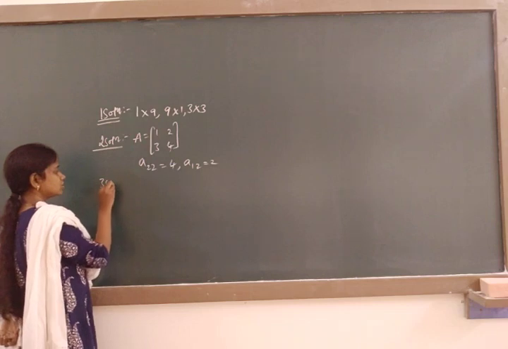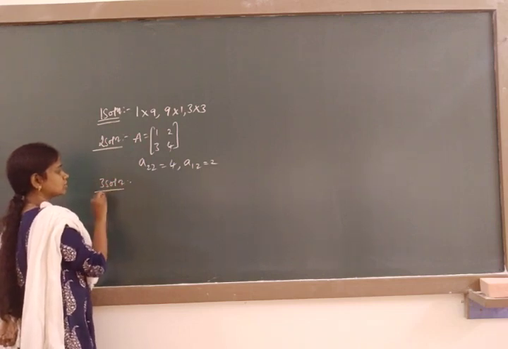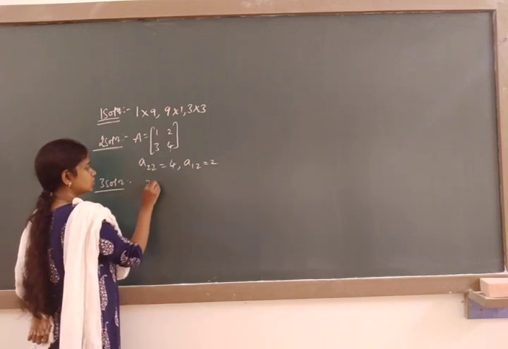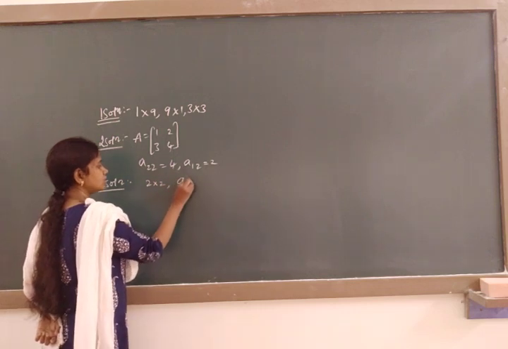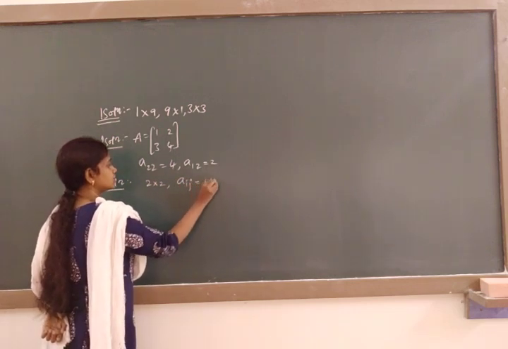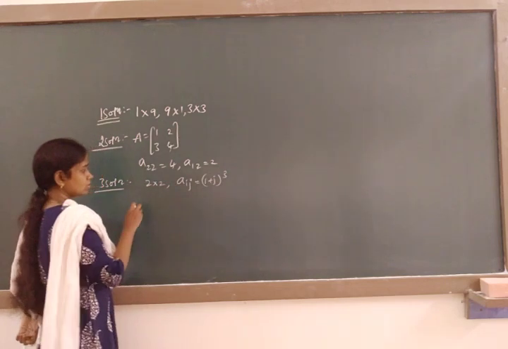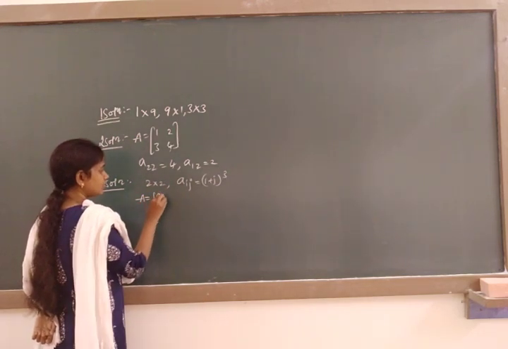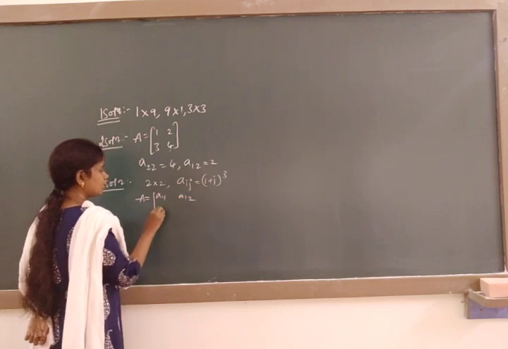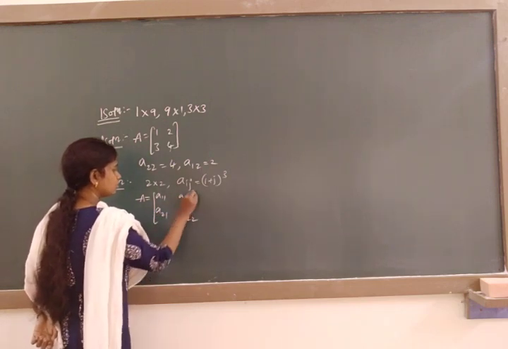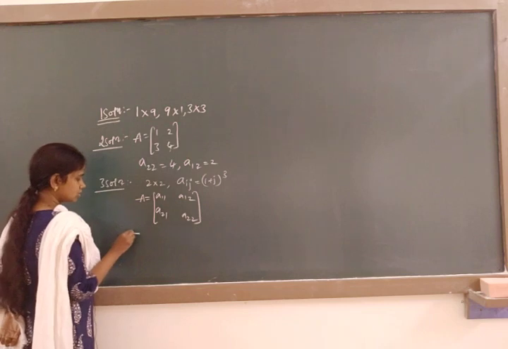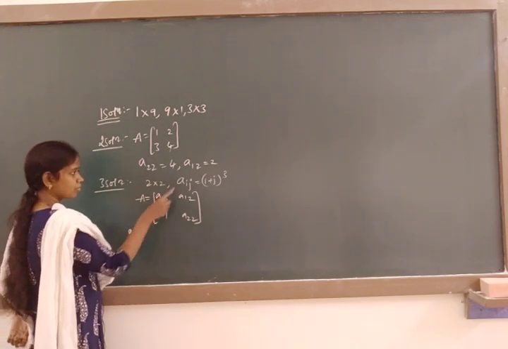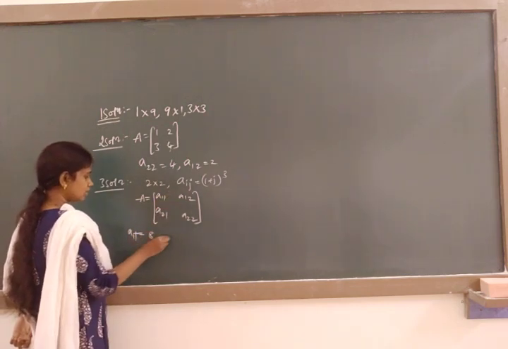Next, the third problem. What was the question? I gave: construct a 2 cross 2 matrix where Aij is equal to (i plus j) whole cube. So here we have A11, A12, A21, A22. A11 is 1 plus 1, 2; 2 cube means 8.